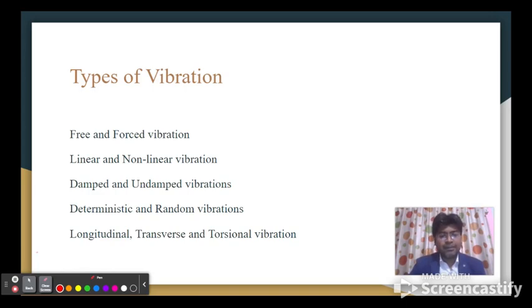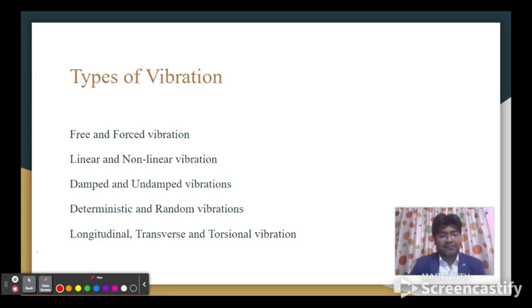When the particles of the body or the shaft move perpendicular to the axis of the shaft, the vibrations created are known as transverse vibration. Next, if the mass of the vibratory system moves up and down parallel to the axis of the shaft, the vibrations are known as longitudinal vibration.